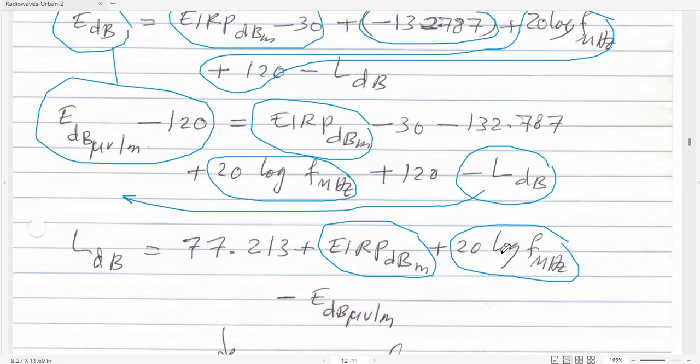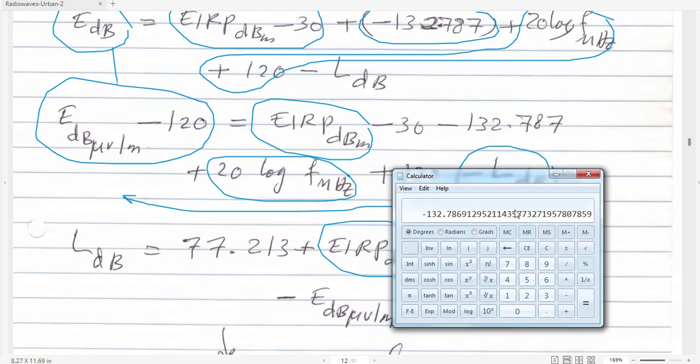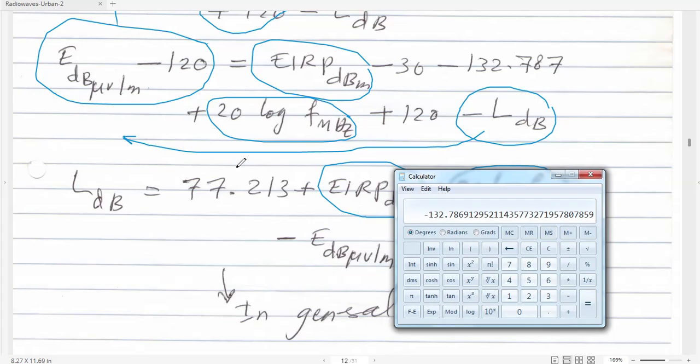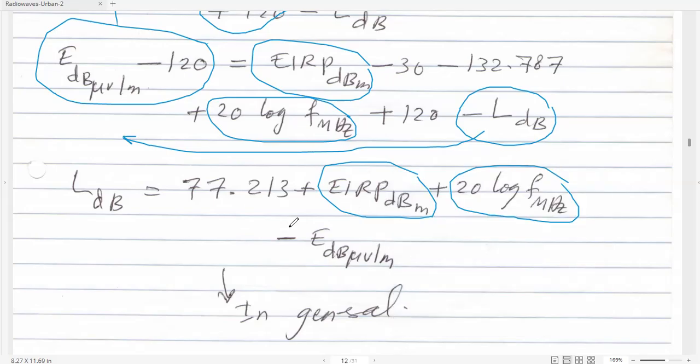And the constant will be, let's calculate it, 120 minus 30 minus 132.787 plus 120, which is equal, as you can see, to 77.213, exactly 77.213. So this is a general equation.